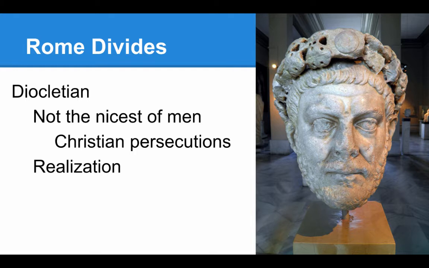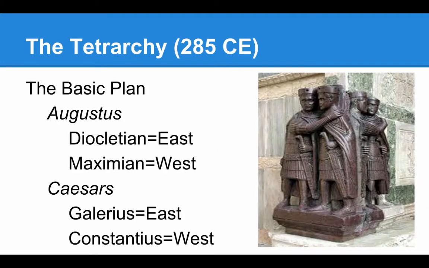But the key thing that he realized is that his empire was too big and that they, or at least he felt, that they couldn't rule it with just one man. So in the year 285, he had a plan, and his plan was to create a situation in which multiple emperors would rule the empire and make it much more efficient.